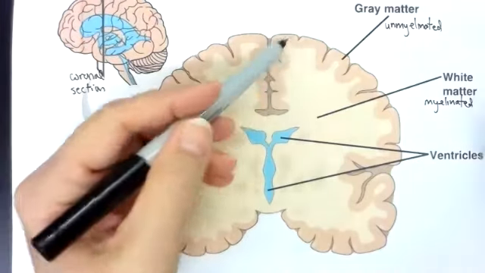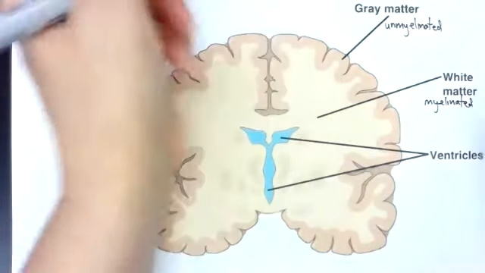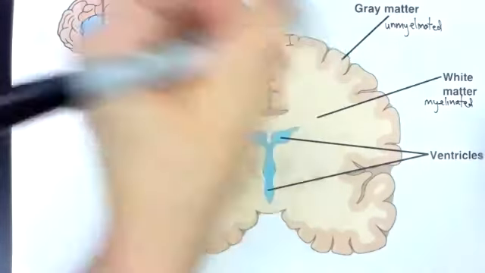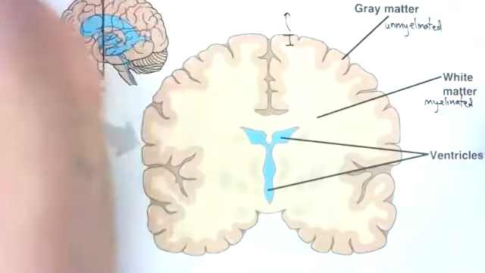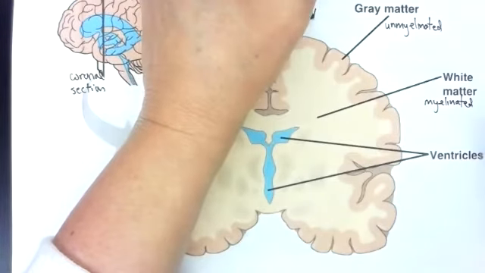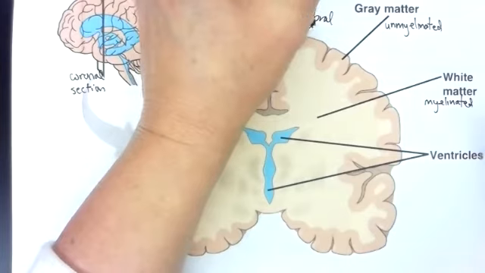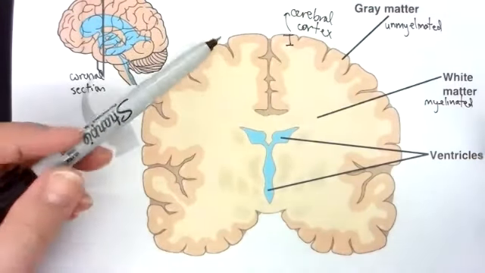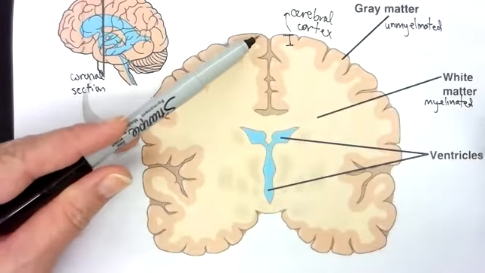Now, also here in gray, here's that cerebral cortex. Everything we see, this section that extends all the way around the brain, is the cerebral cortex. You'll notice that the cerebral cortex is mostly gray matter.